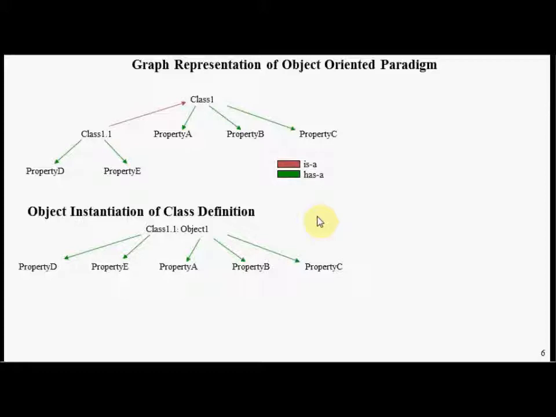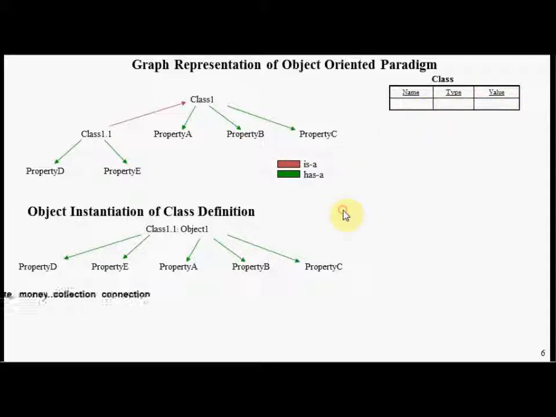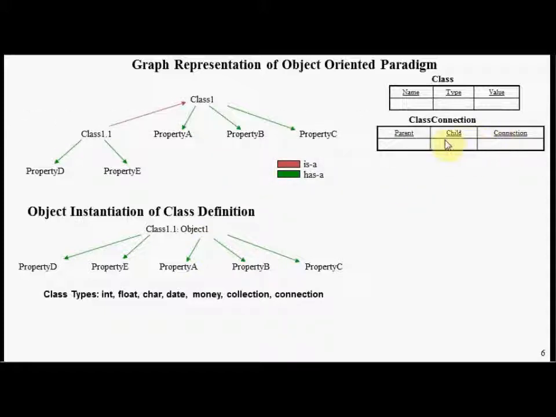Okay, now let's look at the relational tables needed to support this paradigm here. So we have the notion of a class table here, which represents the nodes of our class graph here. It's basically a name-value pair here, and we have a type column here, and legal type values. This represents basic class types here. We have a class connection table of parent-child nodes here and a connection type here.